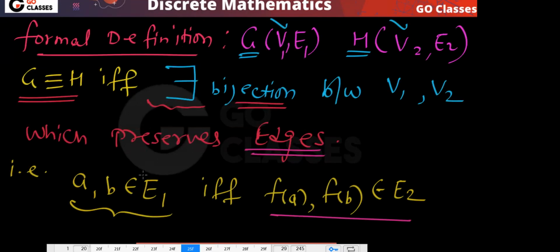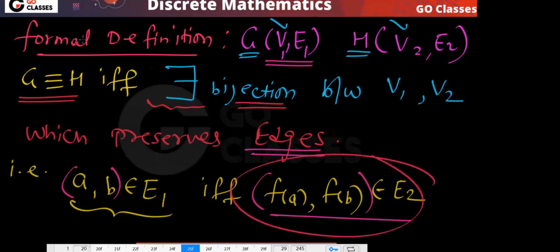This type of variation they will do. Manideep, E1 is the set of edges. Means there is an edge between A, comma B if and only if there is an edge between their corresponding characters in the other graph. This is the idea.